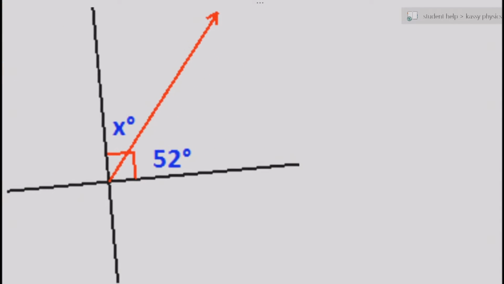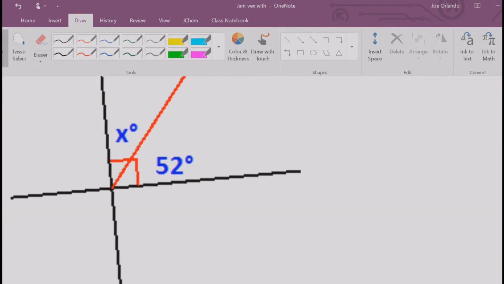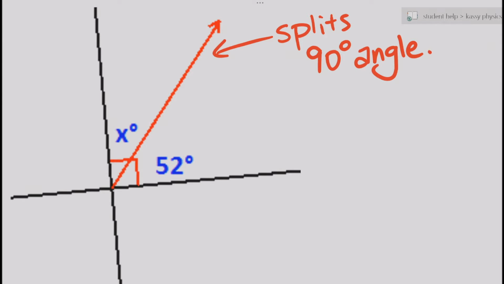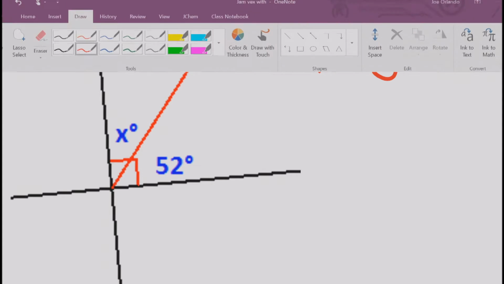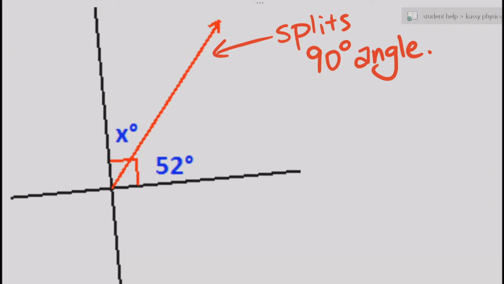Then you may have a question that looks like this. Here we have a line splitting a 90-degree angle. We call these complementary angles, angles that add up to 90. But these two must then add up to 90.